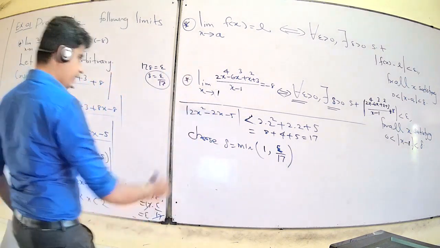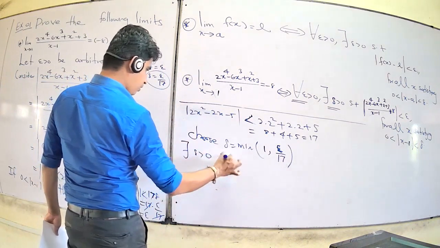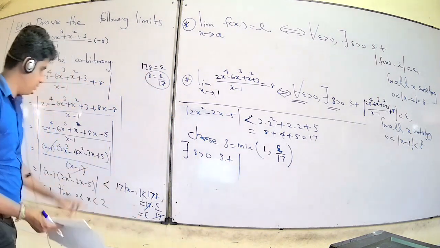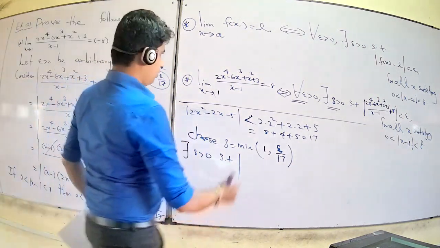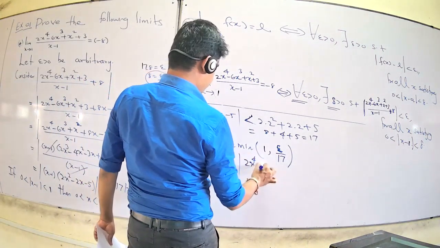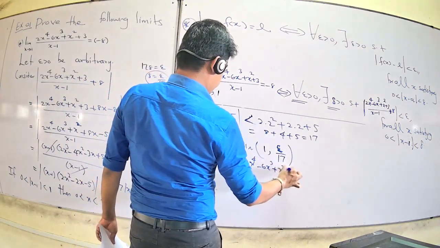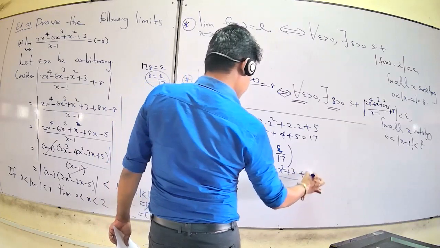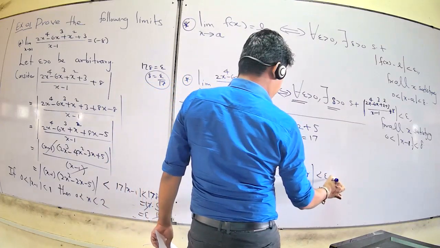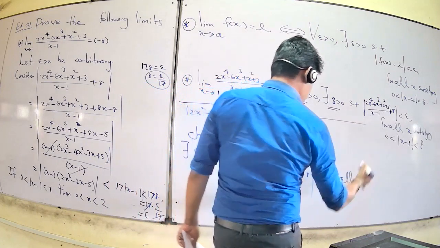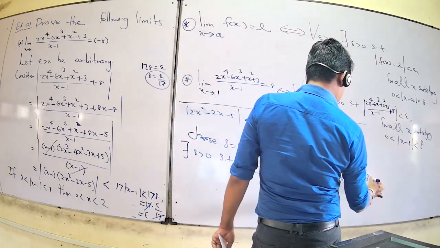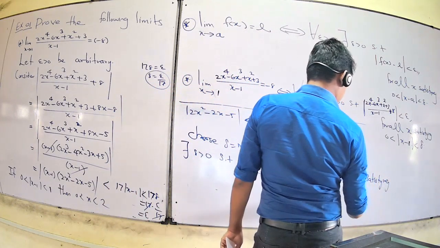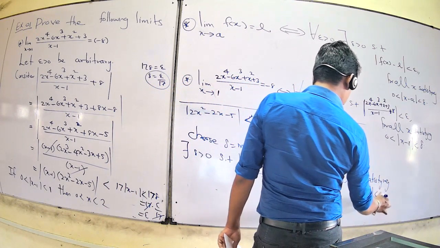Therefore, there exists delta greater than 0 such that this formula is less than epsilon: the expression plus 8 is less than epsilon for all x satisfying 0 less than modulus of x minus 1 less than delta.